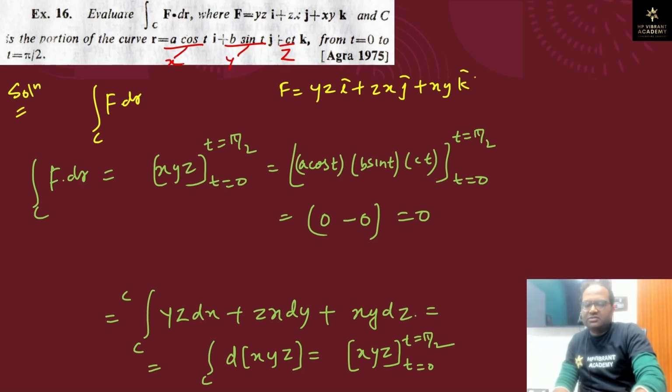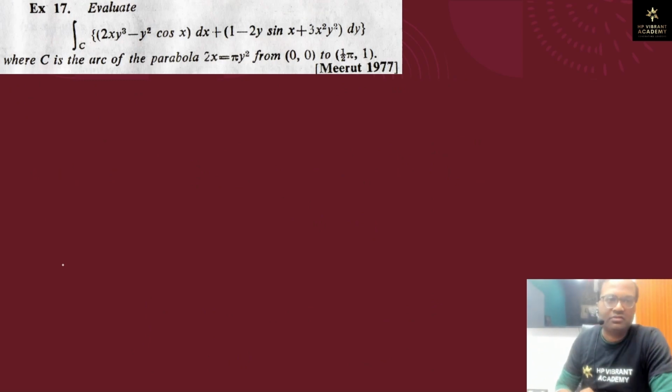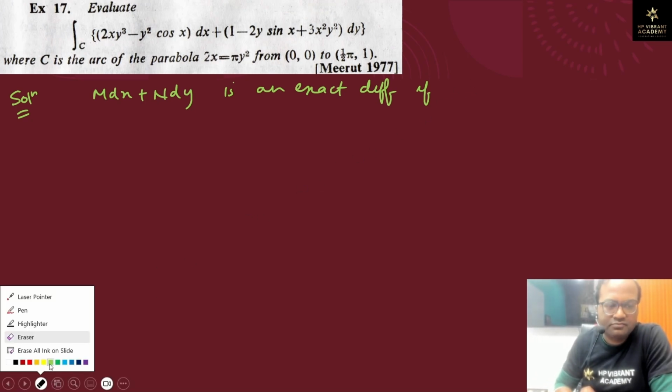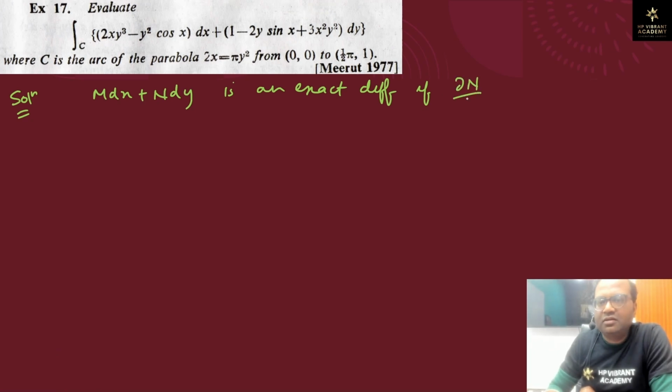So let us discuss question number 17. How we can solve this? So this is basically in the form of M dx plus N dy. Okay, so we know that M dx plus N dy is an exact differential if del N upon del x is equal to del M upon del y.